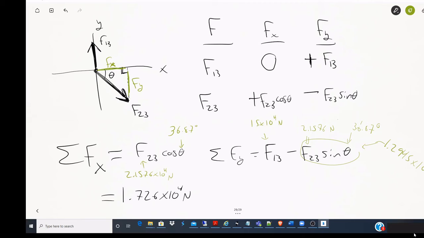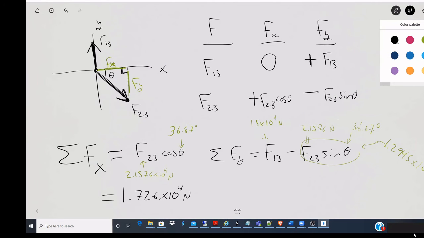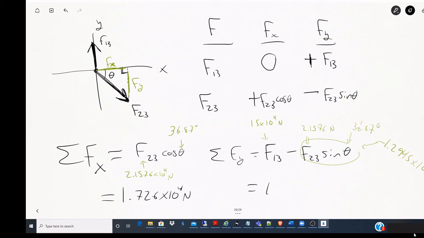And then I need to subtract that from 15 times 10 to the 4th. And what I get is 1.371, sorry, not 10 to the 4th, times 10 to the 5th.